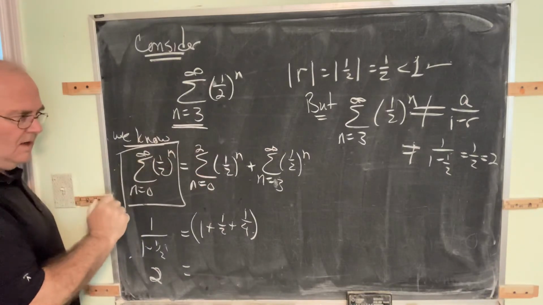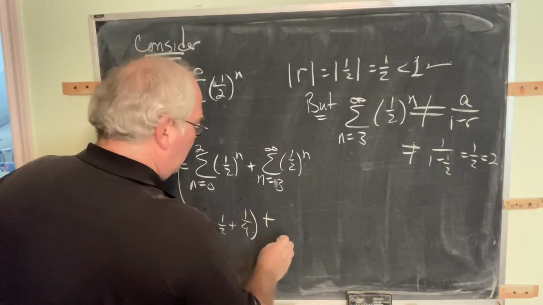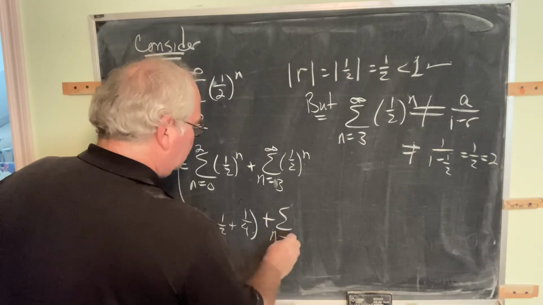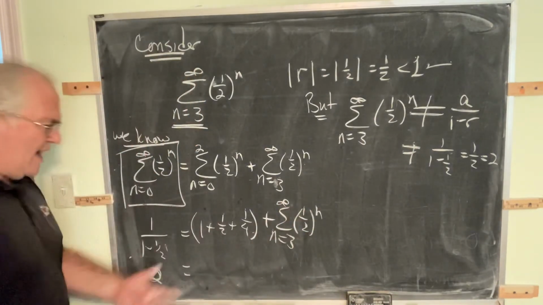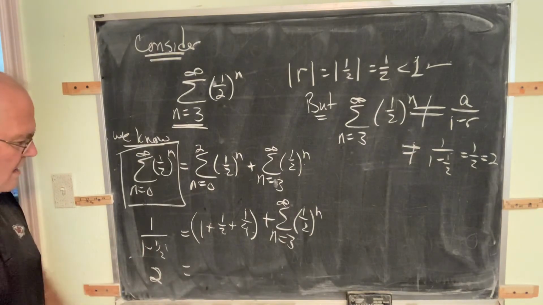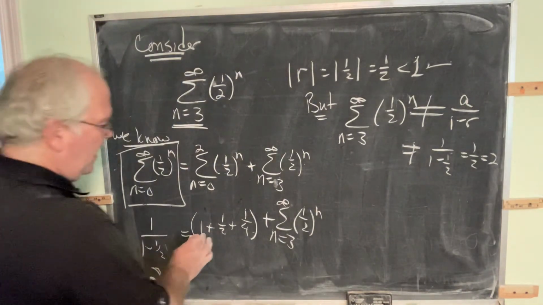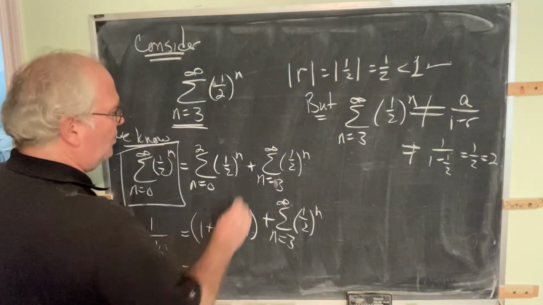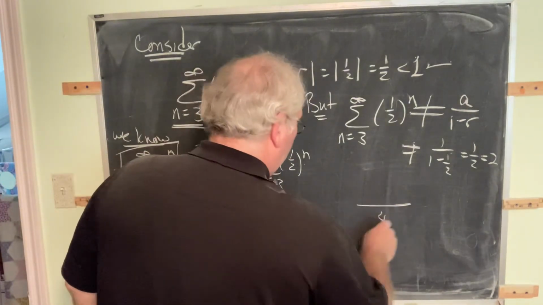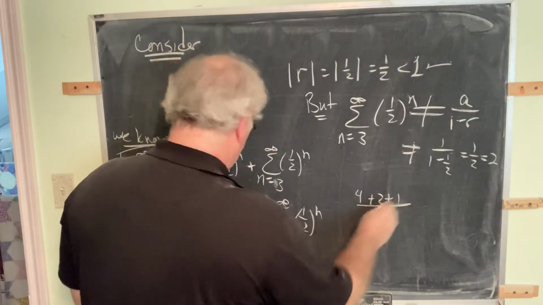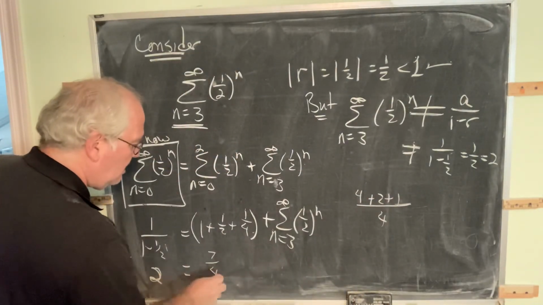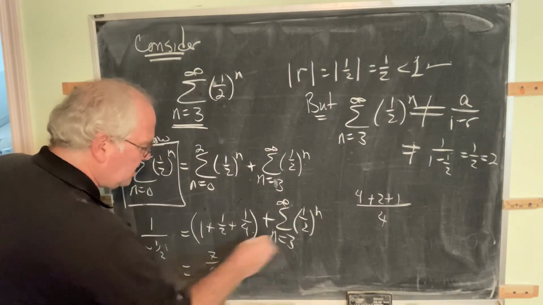And then this is what we don't know. That's what we're looking for. But I can do that much algebra. This is 1 plus a half plus a quarter. So let's do that arithmetic. That's 4/4 plus 2/4 plus 1/4, that's 7/4. Let's just call this x.